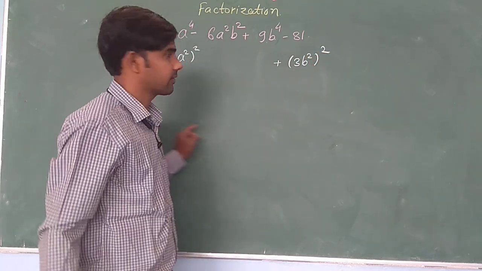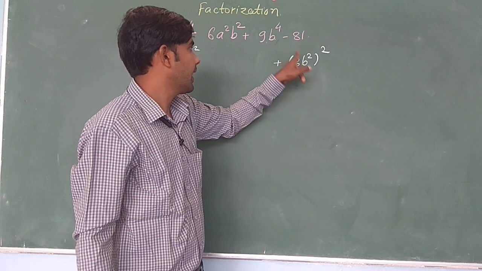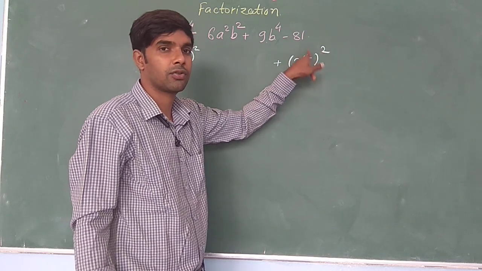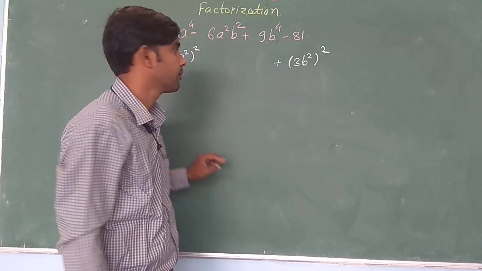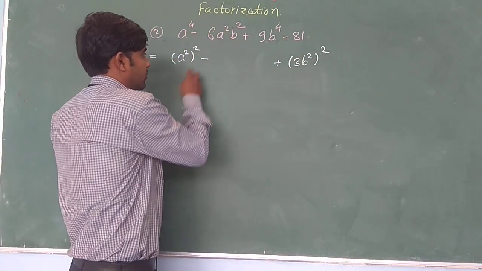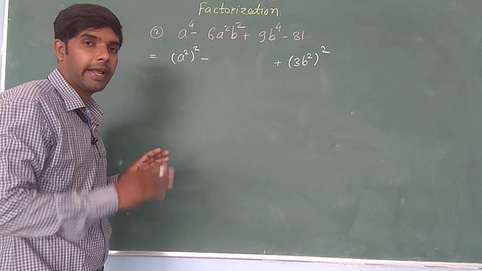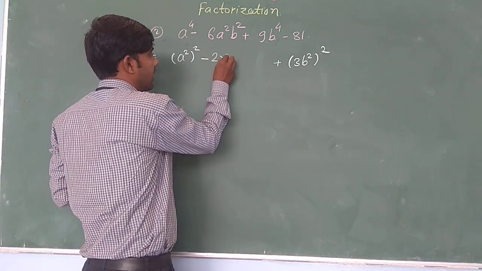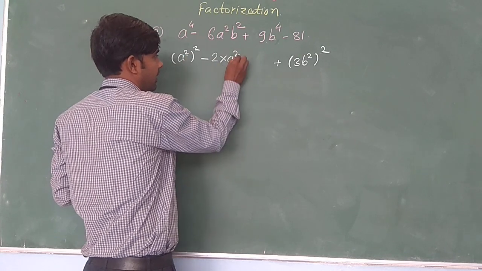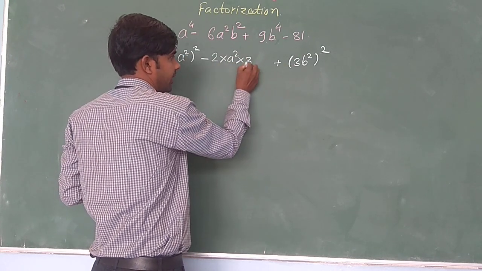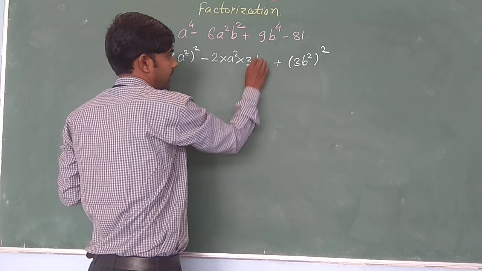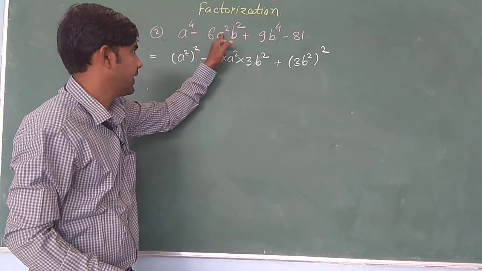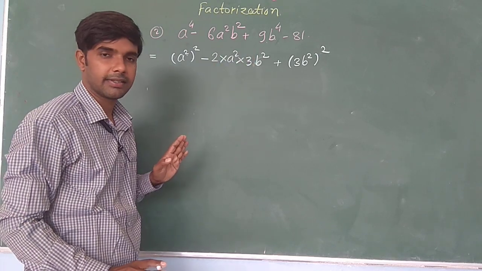That is the square of 3b square. 3 square is 9 and b raised to 2 squared is b raised to 4. And here minus, so we are using a square minus 2ab plus b square. So 2 multiplied by a square multiplied by 3b square. 2 threes are 6. a square as it is, b square as it is.